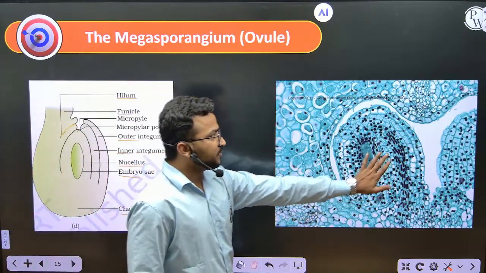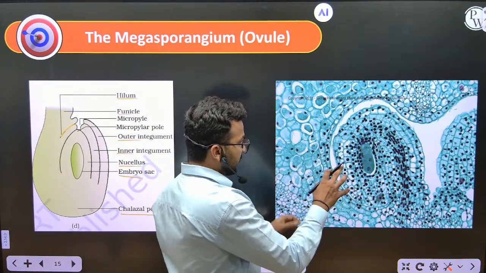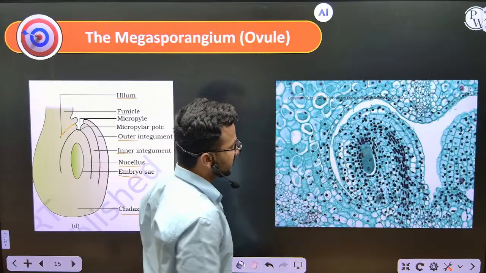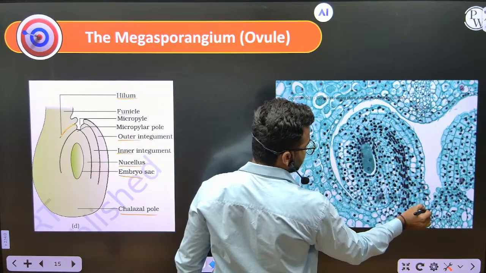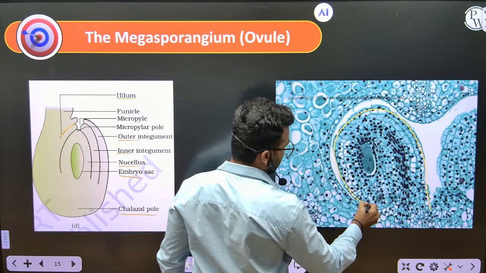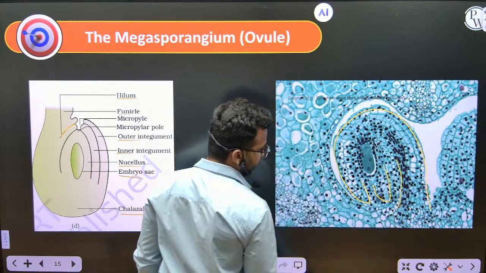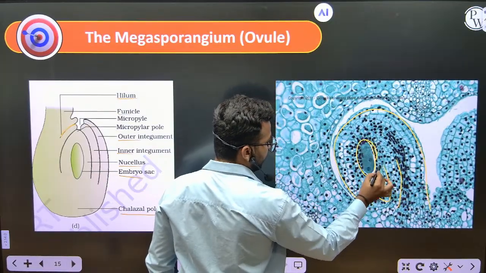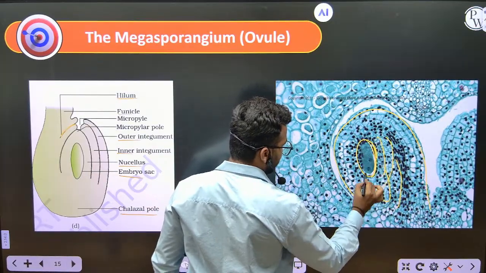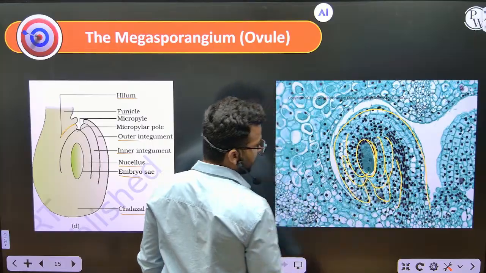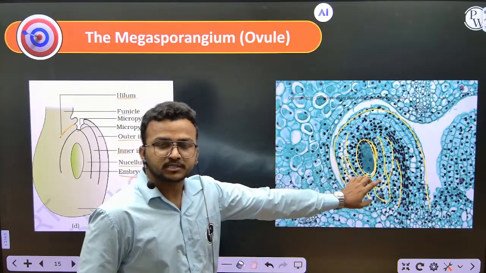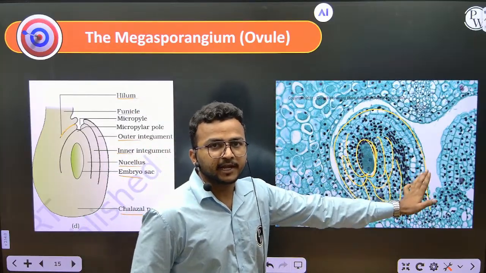This is the microscopic diagram: when you observe under a microscope, you get this kind of anatropous ovule structure, with the embryo sac and integuments.